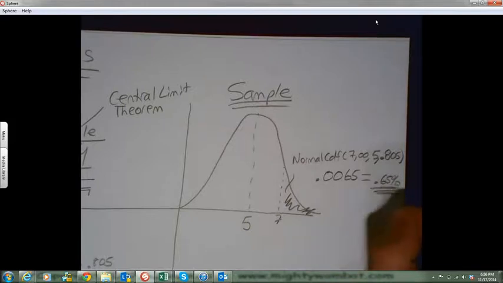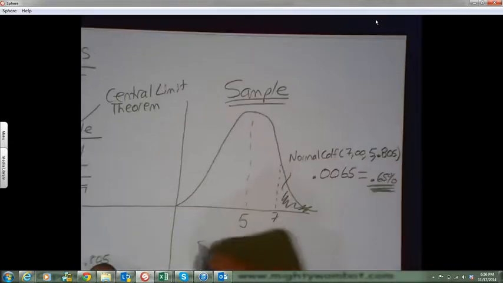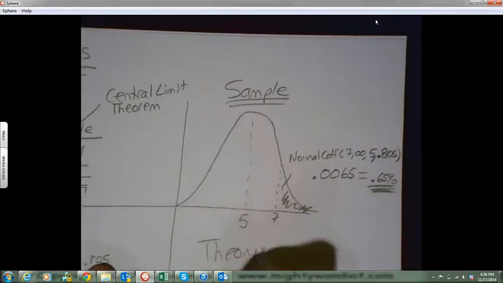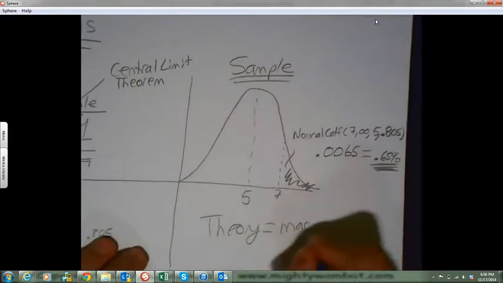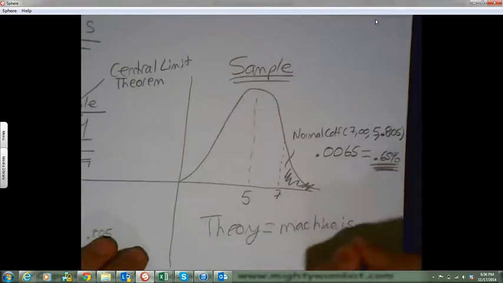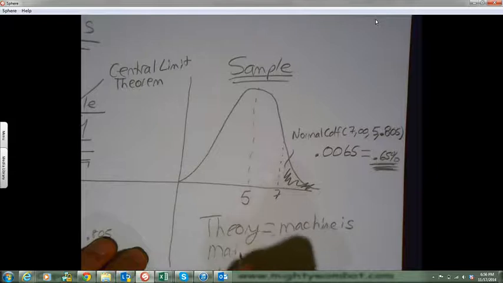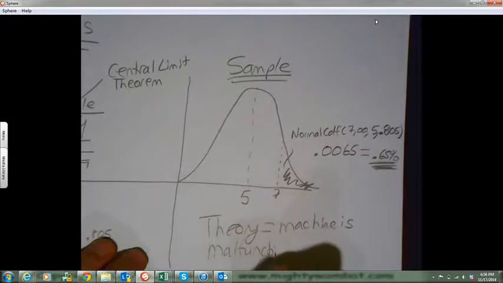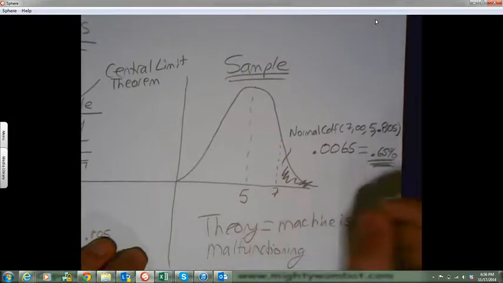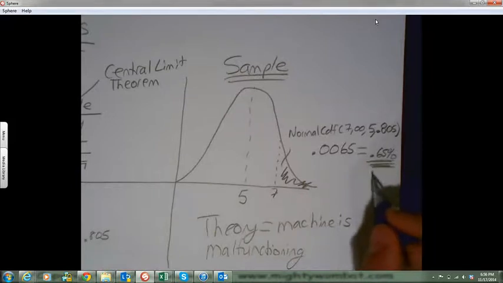That's super low. So if this happens, my theory is that the machine is malfunctioning. Because if the machine is working normally, the probability of more than 7 defects is only 0.65%.